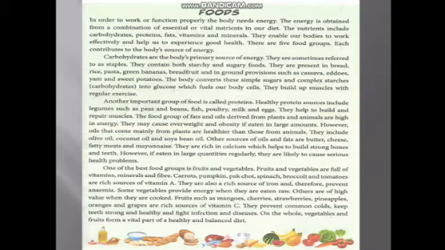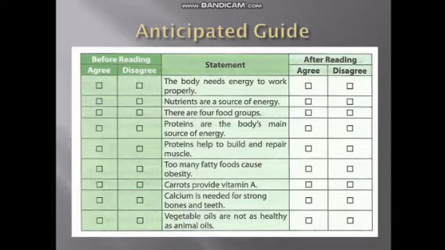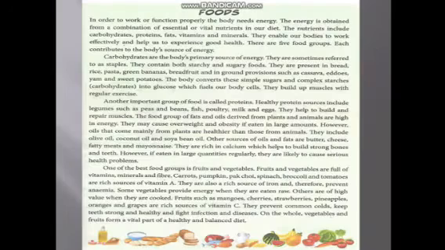They are rich in calcium, which helps to build strong bones and teeth. However, if eaten in large quantities regularly, they are likely to cause serious health problems. So we see that calcium is needed for strong bones and teeth. That's where we're at. Or carrots provide vitamin A. We said that already, right?